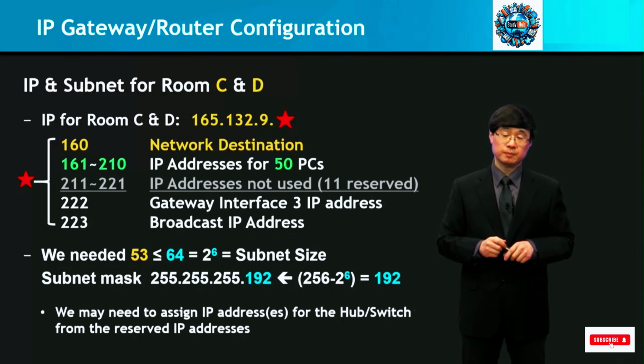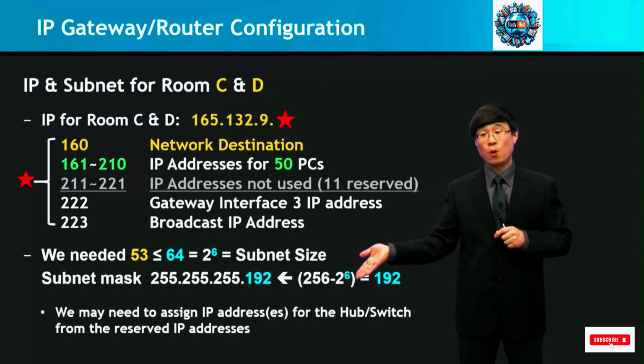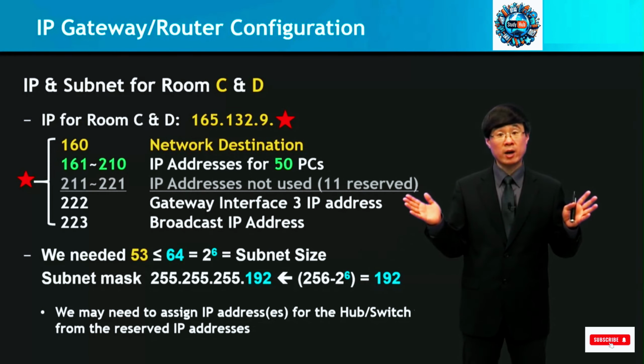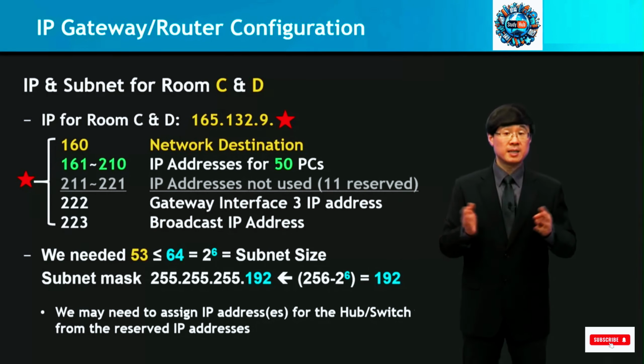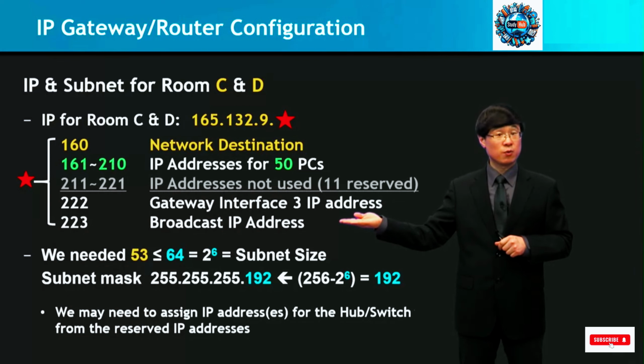Now, we may need to assign an IP address for the hub, the switch, in some cases. In this example, it was not required, so therefore I didn't. But in some cases, we may need to. In that case, as you look right here, the highest IP address was for the broadcast. The second highest one was for the gateway interface, port number 3.